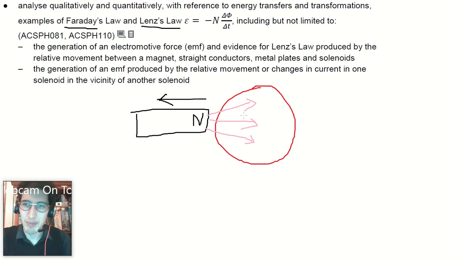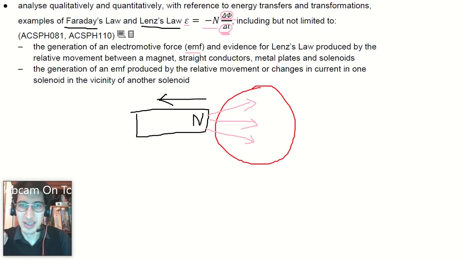And the amount of EMF you get is proportional to how much the flux is changing and what time frame it happens. So moving the magnet away really quickly is going to increase the amount of EMF, and also having a stronger magnet creating a bigger change in flux is also going to change the amount of EMF produced.